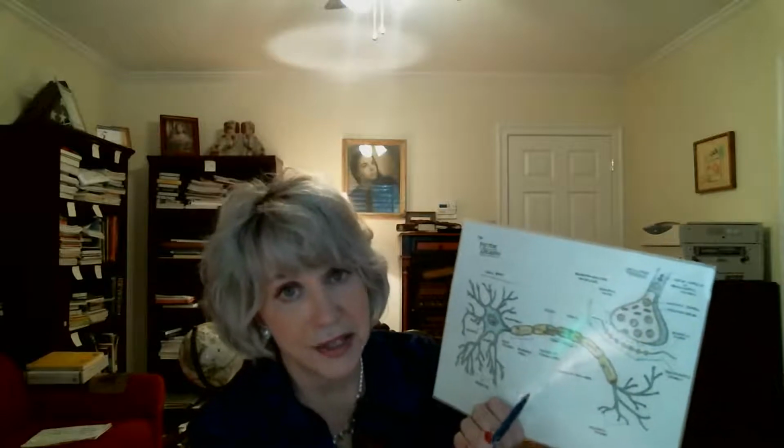And we know that the impulse moves rapidly because in the saltatory jump, the electrical impulse jumps from node to node to node in this little space and does so much faster in a myelinated neuron that looks white than in a neuron that is not myelinated and gray in color.